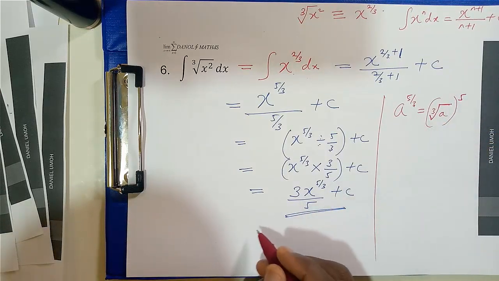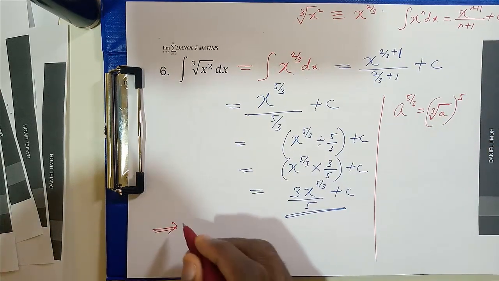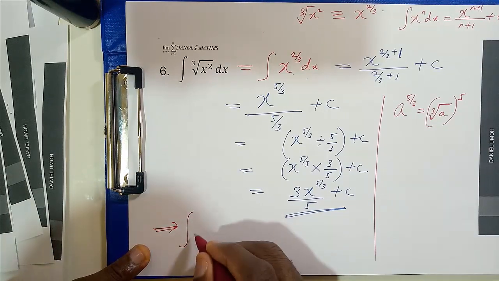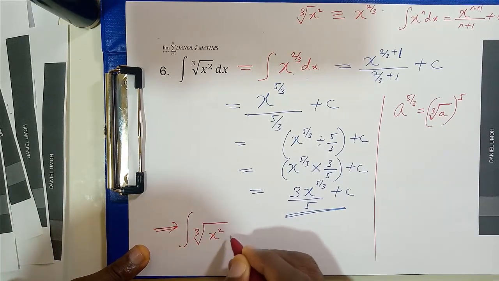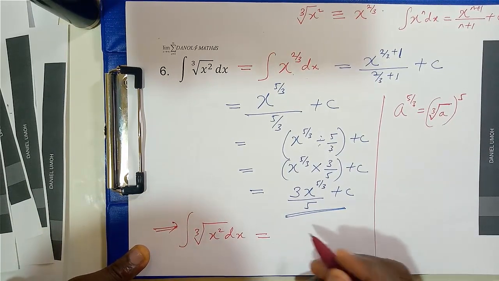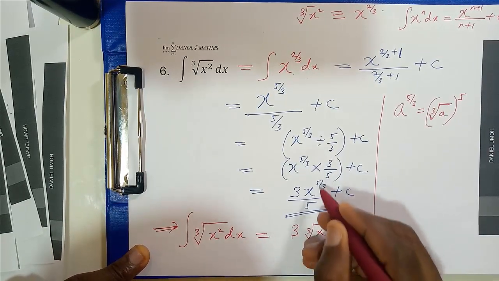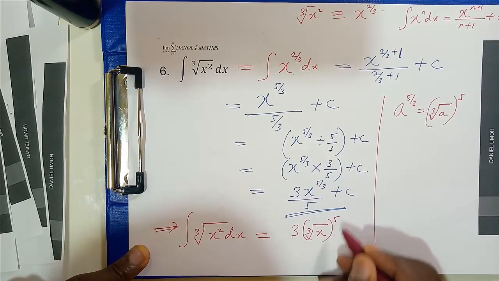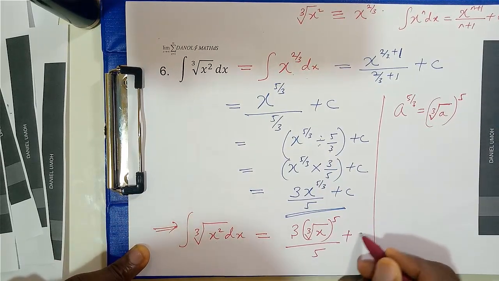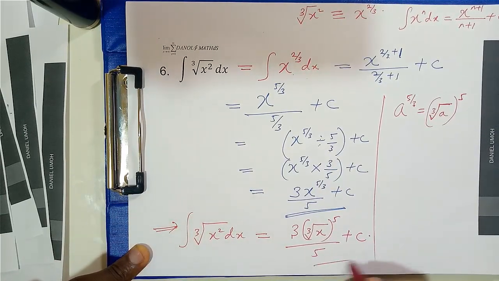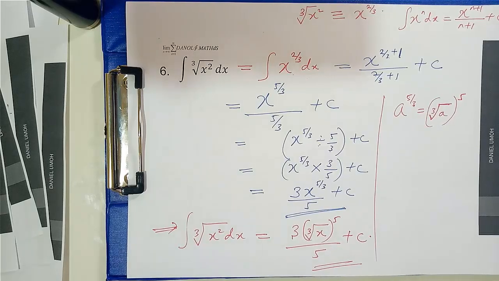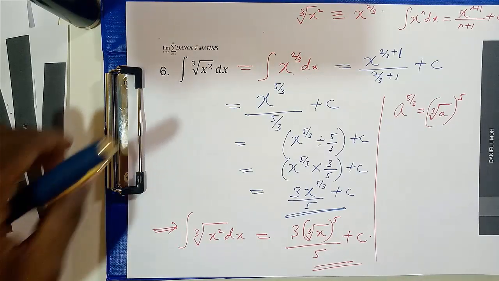So when I apply these indices, the integral of cube root of x squared dx is equal to 3 times cube root of x raised to power 5, all over 5 plus c. I hope you understand what we have been doing so far.